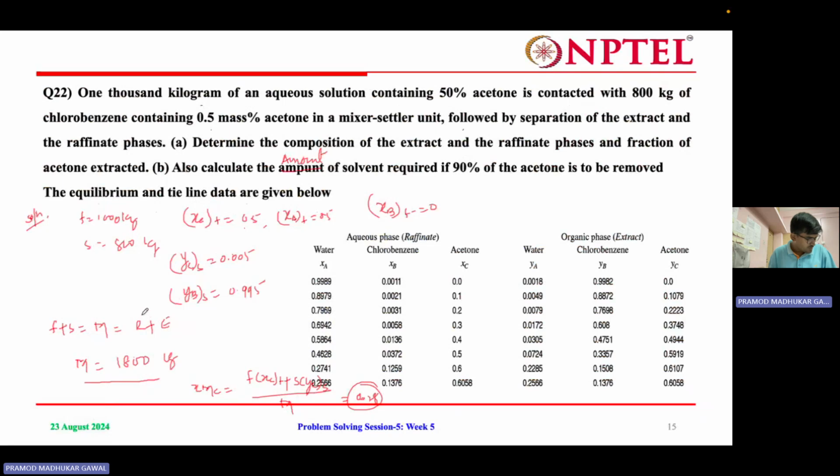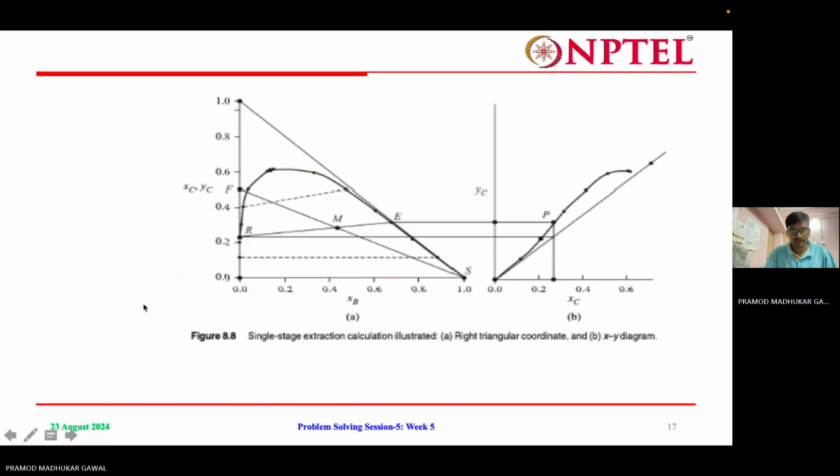Now the equilibrium data are plotted using the right triangular coordinates here. Based on the xc, means acetone in the raffinate phase and the extract phase. So first, whatever data is given, draw this rectangular coordinate and xy diagram, right?